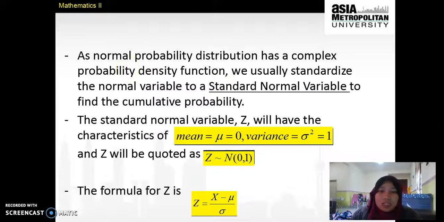The first step to find the probability of a normal distribution is that you need to convert it into a z. Now this is very important because you need to use this formula to calculate the z value.